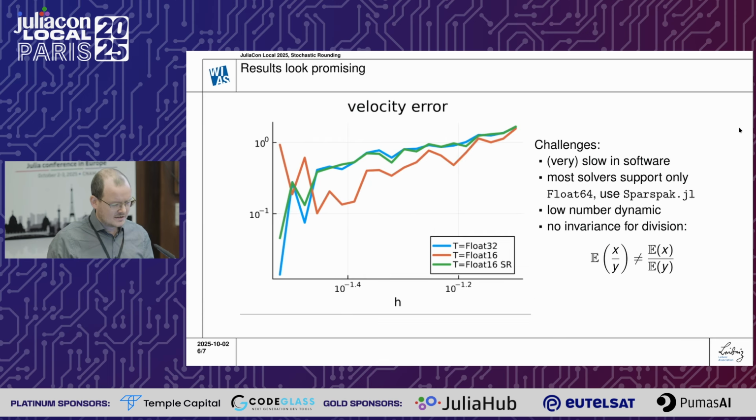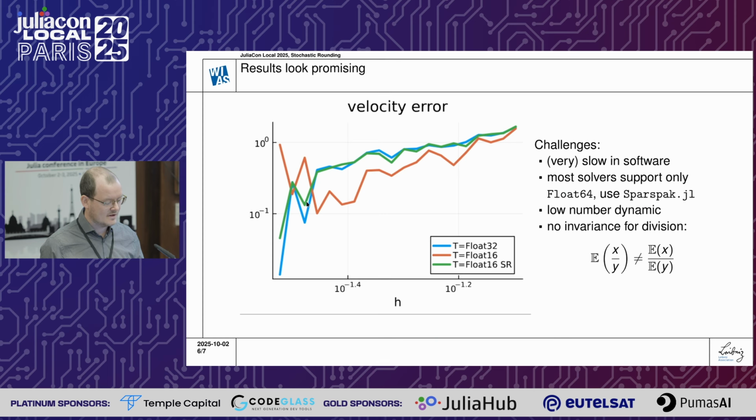Some scientific view on it, I measure the velocity error. So I measure the error at the narrowest part, so the velocity, and compare it to the reference solution in double precision. And I have single precision, half precision, and half precision with stochastic rounding. And what you see is that single precision and half precision with stochastic rounding behave the same.